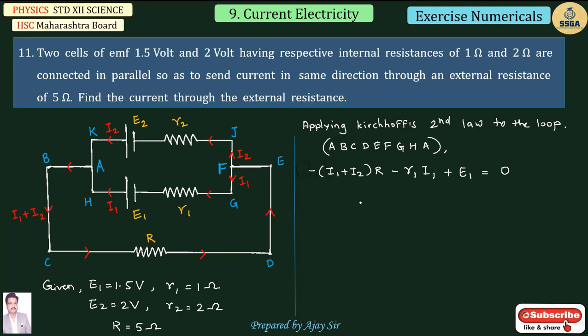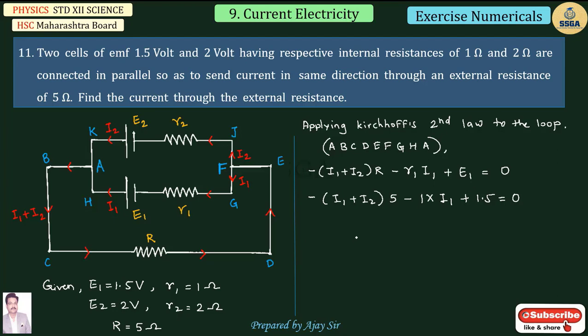So again the known values, we have to put the given values. Let us put the given values, that is minus I1 plus I2, R which is 5 ohm, minus R1, this is 1, I1, we have to find this I1, plus E1, that is 1.5 volt.